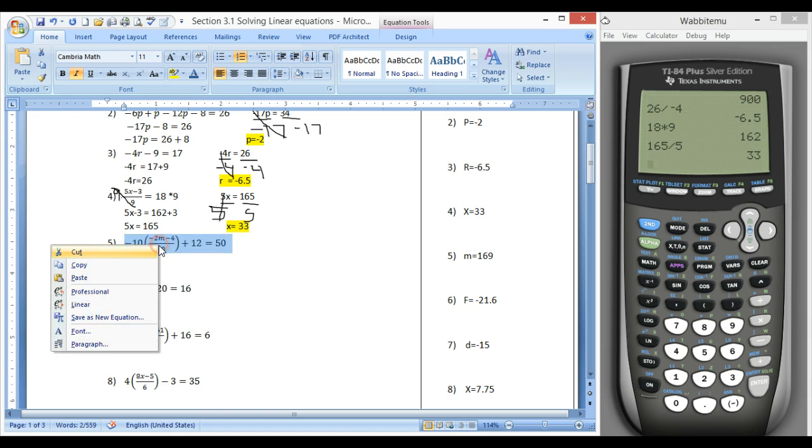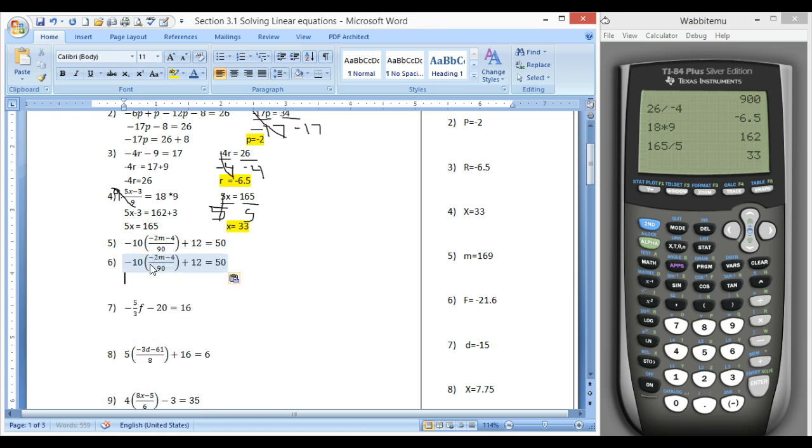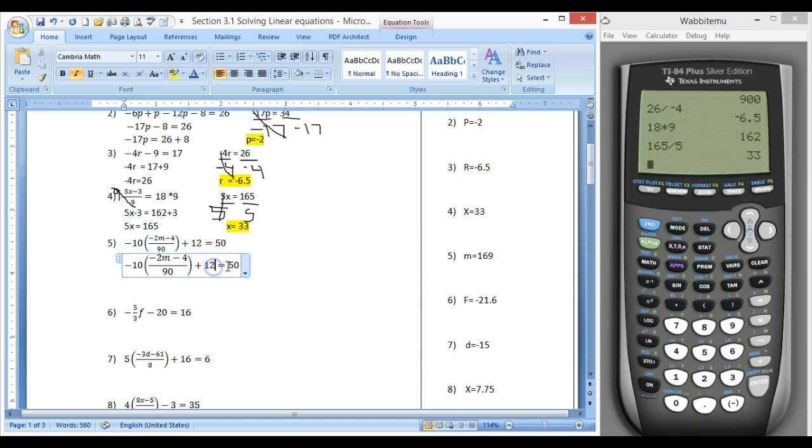And because I already have this typed up, I'm just going to copy and paste it in to speed us up. So I'm going to subtract it from both sides, which means it cancels out on the left side. And then I subtract it from the right.